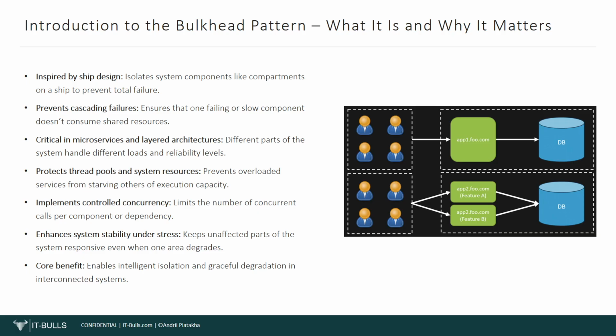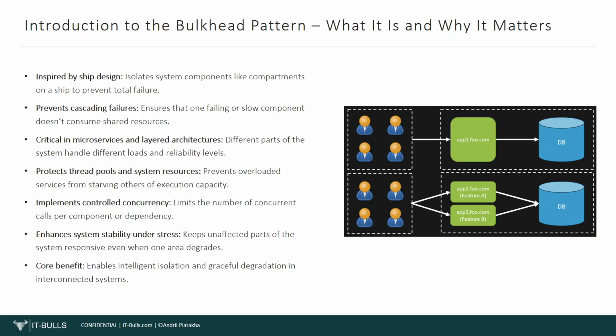Without bulkheads, all these calls could end up sharing the same thread pool or system resources. And if one part of the system starts consuming all the available threads, let's say due to latency or high load, then every other part that depends on those threads begins to fail, even if they are functioning correctly in isolation. The bulkhead pattern helps us avoid that.